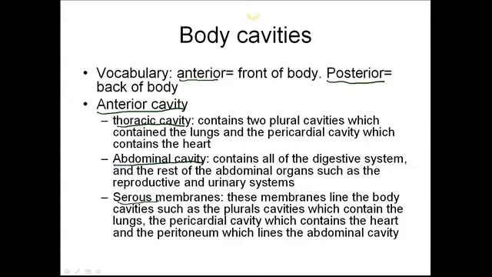And then we have these serous membranes, and these surround your heart, your two separate lungs, and your abdominal organs. These serous membranes are double layered, but very, very close together, like two sheets of saran wrap, plastic wrap.